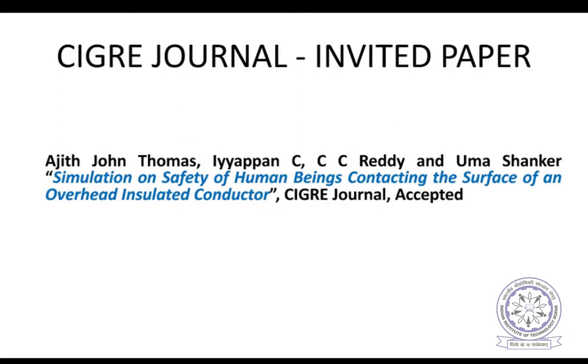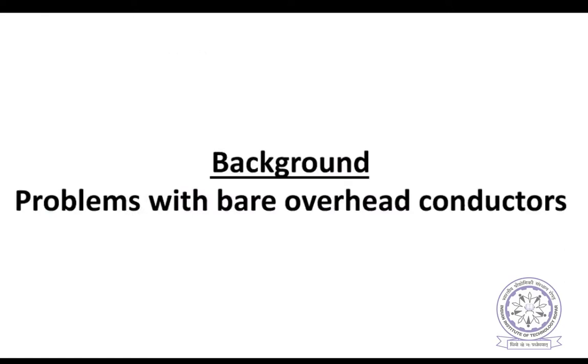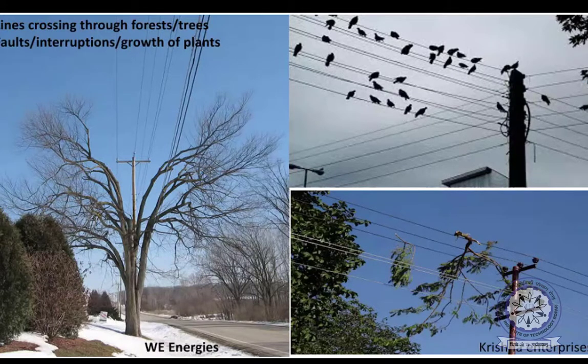I will briefly introduce the background, then the types of overhead conductors, covered conductors, and then explain the details of this paper. So background: what are the problems with bare overhead conductors? Let us see, for example, this bare overhead conductor going through a tree.